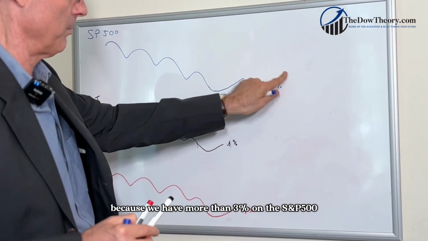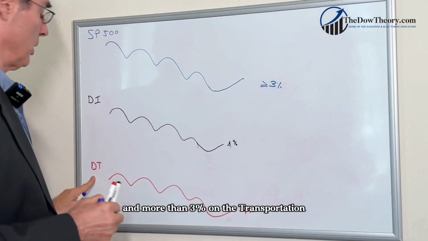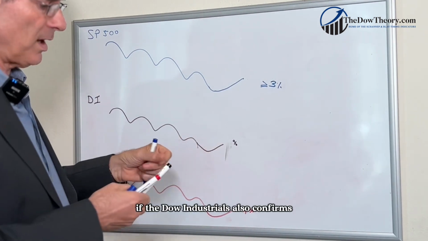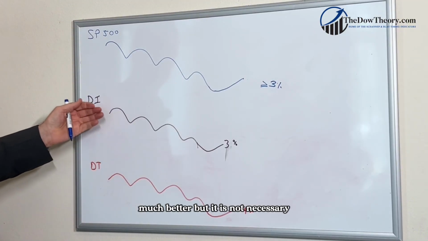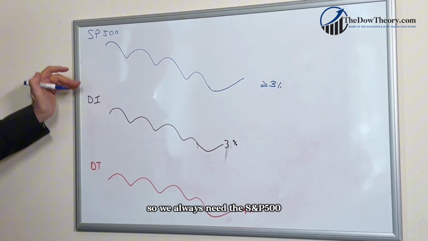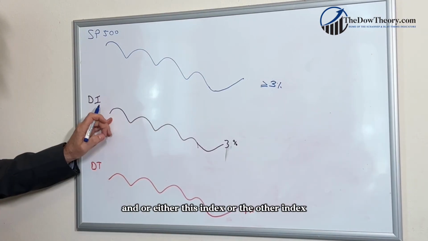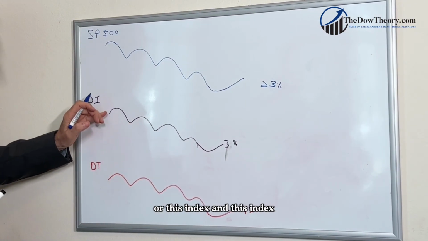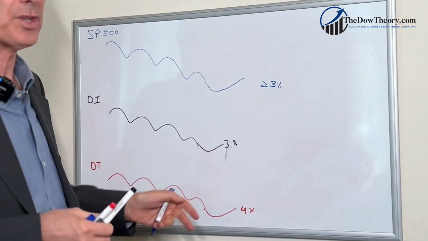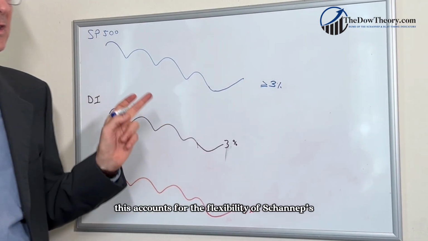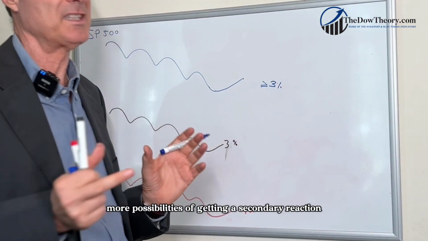Yes, because we have more than 3% on the S&P 500 and more than 3% on the Dow Transportation. If the Dow Industrials also confirms, much better, but it is not necessary that the other two indexes confirm. So we always need the S&P 500 and either this index or the other index or both. We don't care: 2 or 3 confirmations. But this is important. This accounts for the flexibility of Shaneb's Dow theory because you have more possibilities of getting a secondary reaction.